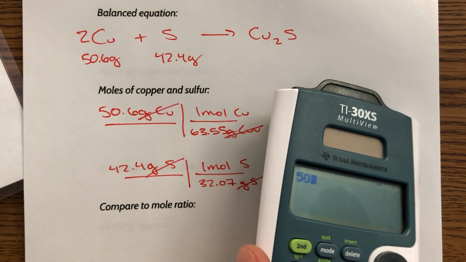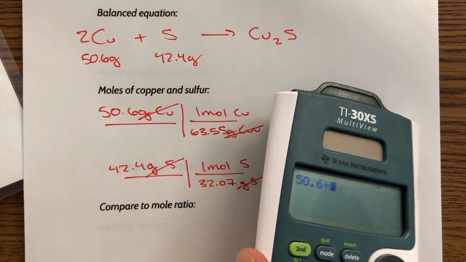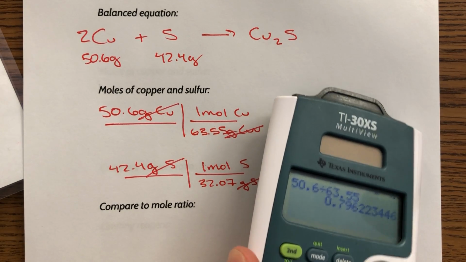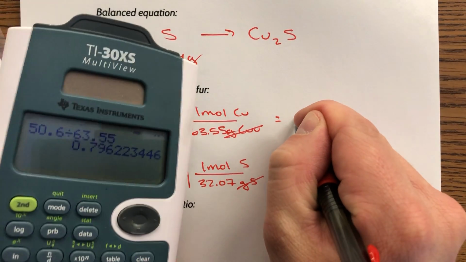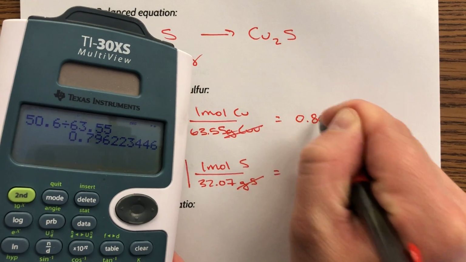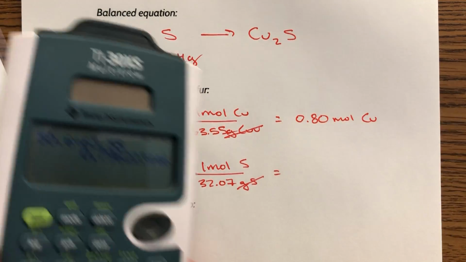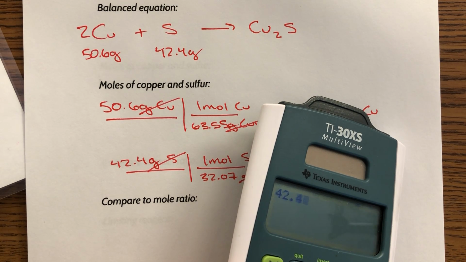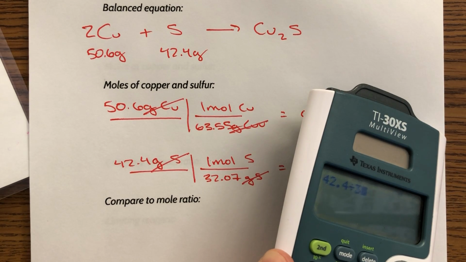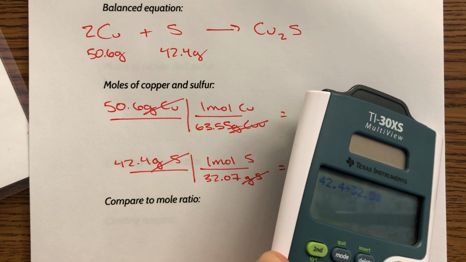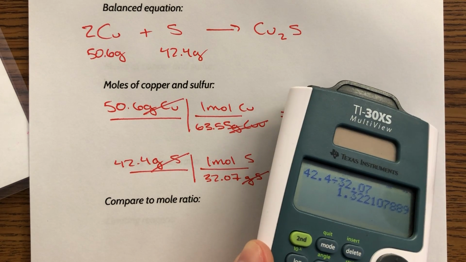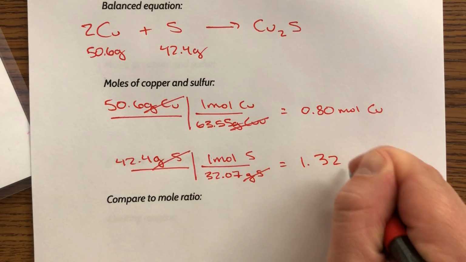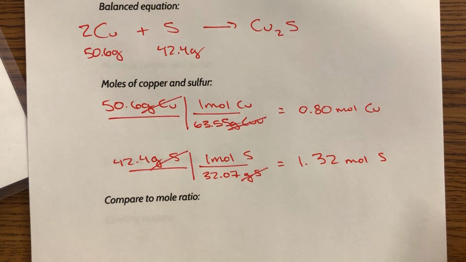We have 50.6 divided by 63.55, and that is going to give us 0.80 moles of Cu. And the next one is 42.4 divided by 32.07. That's going to give us 1.32 moles of S.